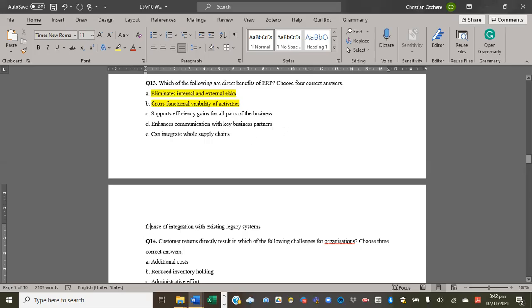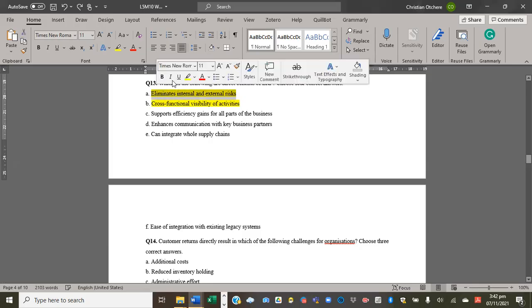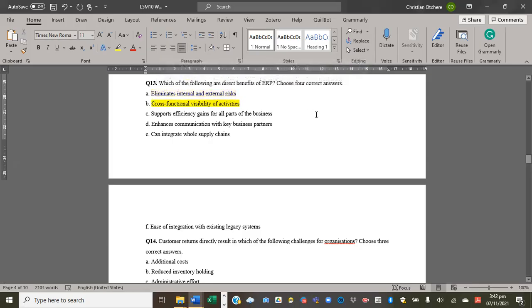Okay. Eliminate internal and external risk. There are a lot of external risks, like political risk, economic risk, technological risk. Does ERP eliminate all these? I'm asking you. No, I think I wanted to raise that because there are a lot of risks involved.